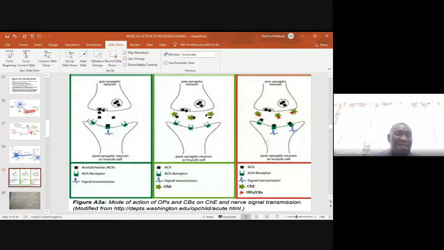So what happens is that acetylcholine will move and insert itself at one of these sites and give a signal. Once that signal has been given, this acetylcholine is to be freed so that the signal is actually stopped.